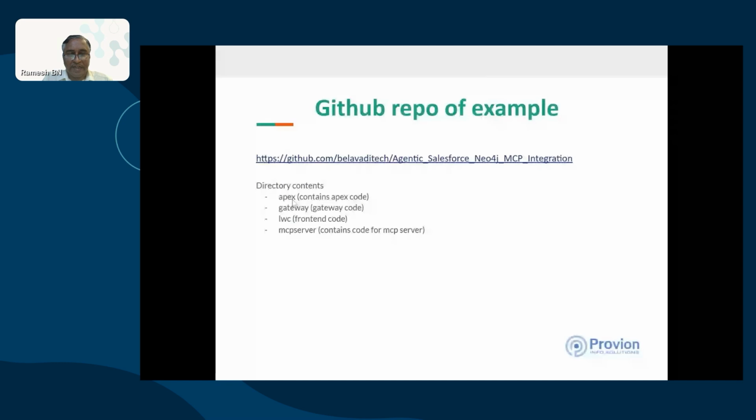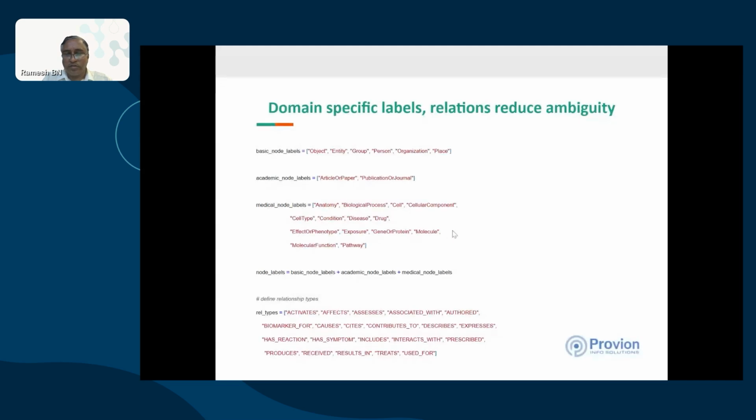The source code for this has the Apex, that is Salesforce server side code, as well as the gateway, as well as the LWC front end component, as well as the MCP server, which is Python code. Here in the knowledge graph creation, we can define domain specific labels for the nodes and also the relationship types.